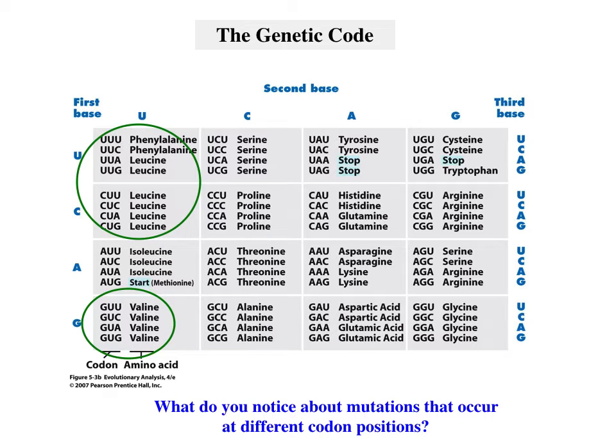The way that you would read this tabular chart is, let's just take for example the codon AUU. On the left column you would find the first nucleotide, that's the A. Then up along the top you look at the second nucleotide. You then go to the U column. So first you go to the A row, then the U column.